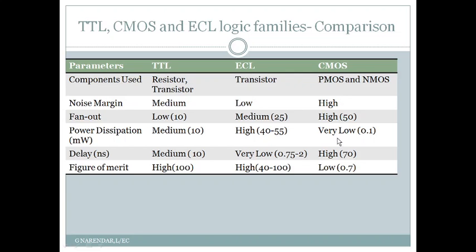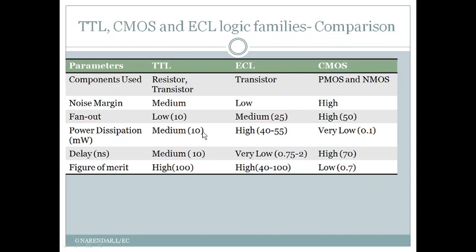And for CMOS it is 0.1 milliwatts. We always prefer a logic gate with the lowest power dissipation. So the CMOS family has the lowest power dissipation, and the ECL family has the highest power dissipation.